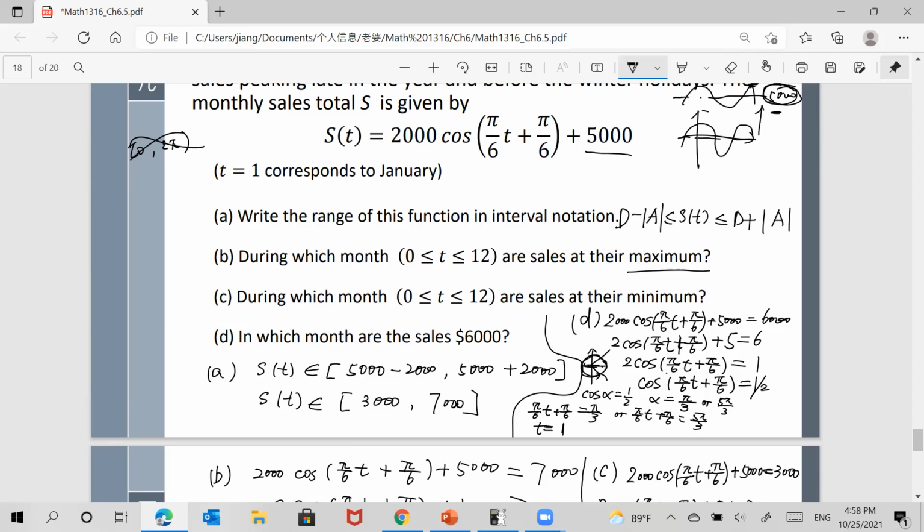So this one equals 10 pi minus pi, that's 9 pi over 3. Oh, I hate it, I don't have space. So pi over 6t equals 9 pi over 3, that's 3 pi. I don't know. Let's do that step by step.